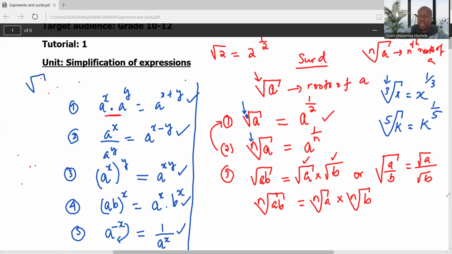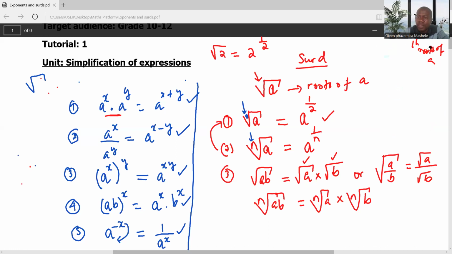And this, guys, is very important, especially when we are dealing with surds, also in grade 12, when we are differentiating expressions in calculus. Sometimes you are given radicals or surds expressions, so you need to know these laws.